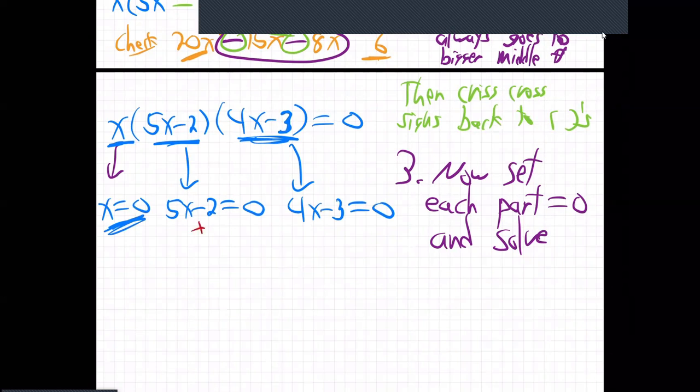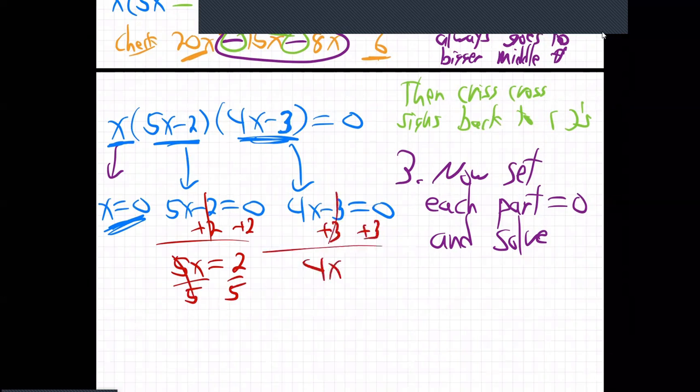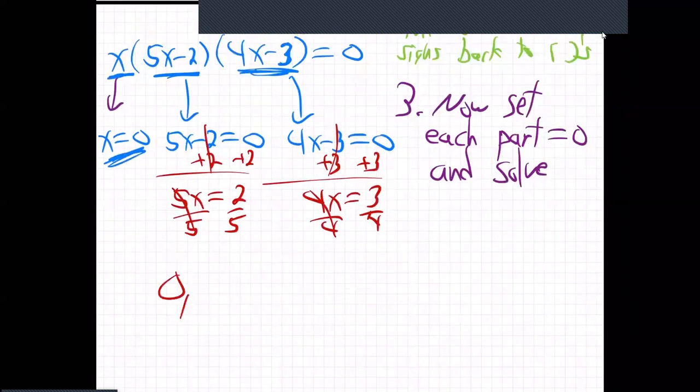And then this part, you add 2 to both sides. Boom. 5x is 2, divide by 5. 2/5. This part, add 3 to both sides. Boom. 4x equals 3, divided by 4. Boom. So our answers are 0, 2/5, and 3/4.